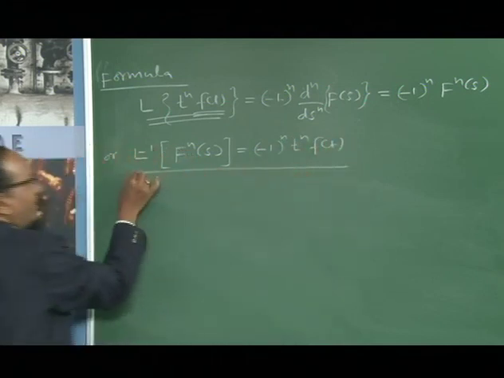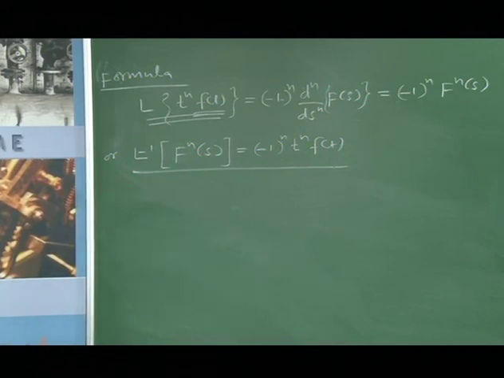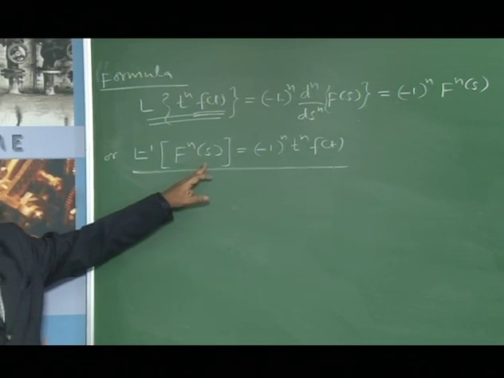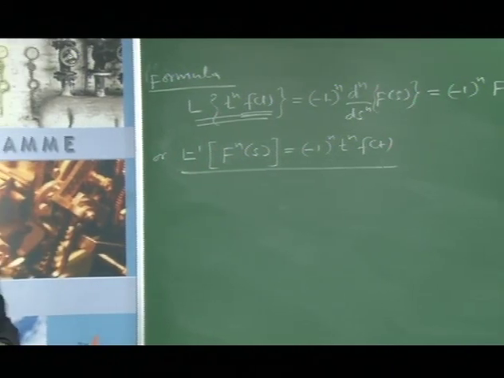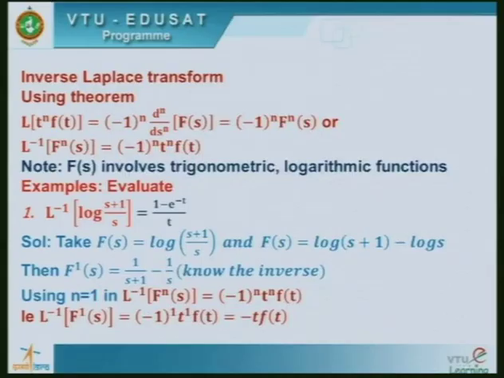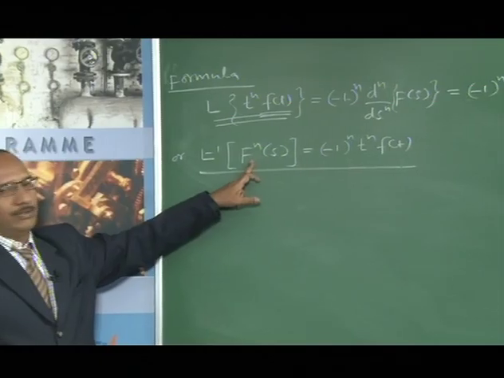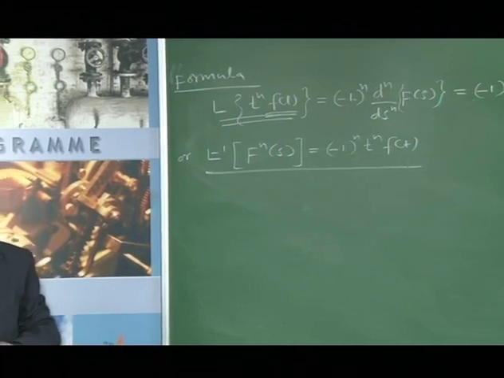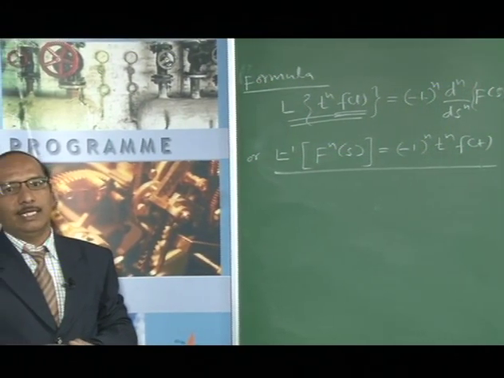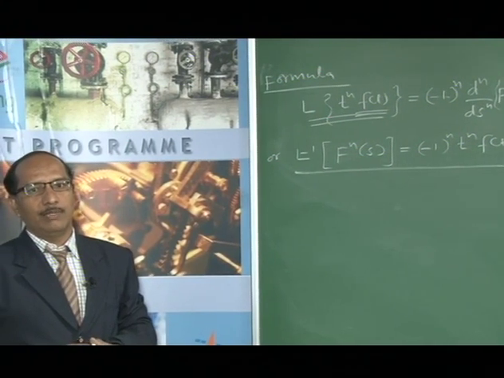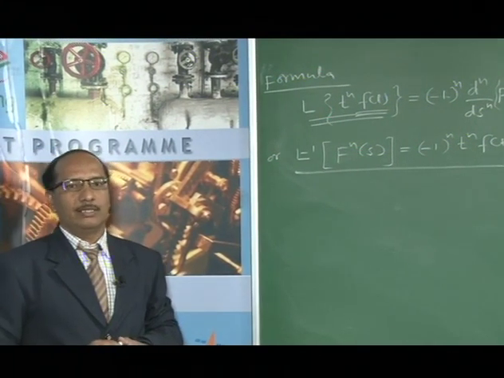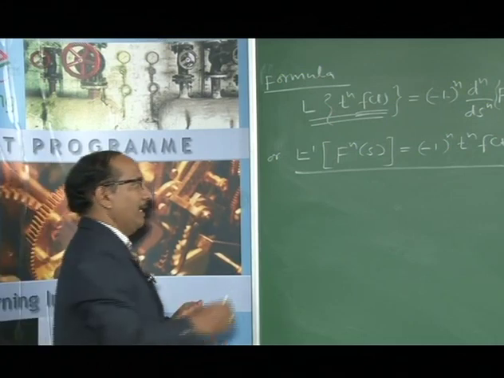So this is the inverse transform of f n of s. f n of s is the nth derivative of the function f of s. n may be any number, n equal to 1 is the first derivative, n equal to 2 the second derivative. The important thing is you can easily identify the inverse problems containing logarithmic terms or trigonometric functions, and you directly apply this formula.